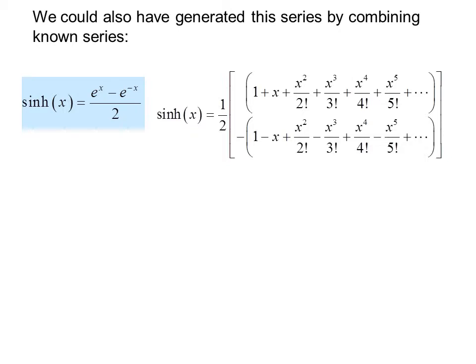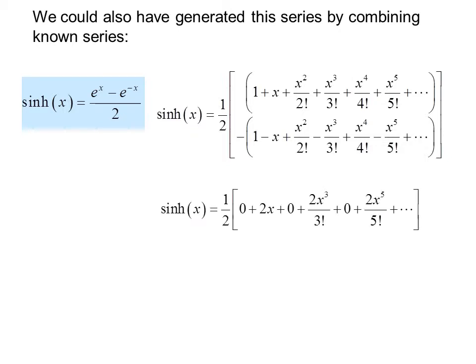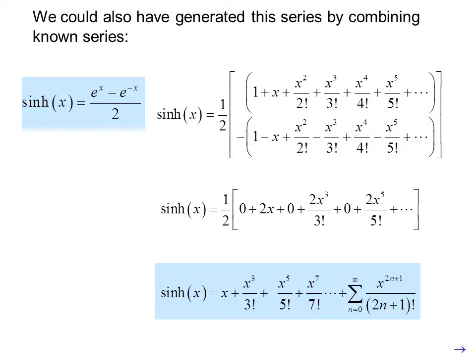So we subtract and get sinh x equals 1/2 times 0 plus 2x plus 0 plus 2x cubed over 3 factorial plus 0 plus 2x to the fifth over 5 factorial. Canceling a 2 gets us back to the series for sinh x.